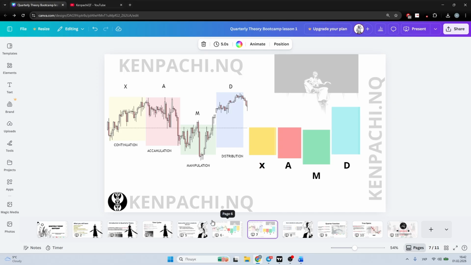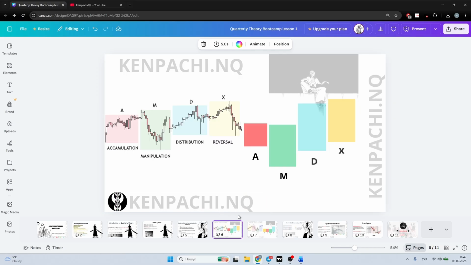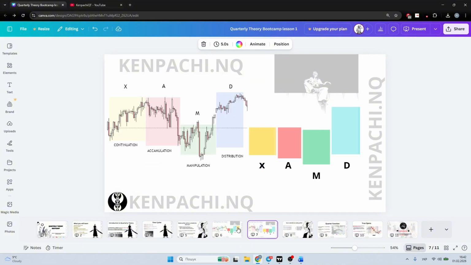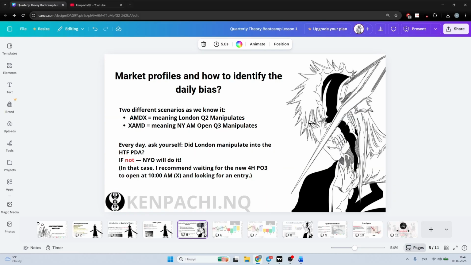So X can be continuation or reversal. It depends on the charts and what they're showing us. All right, let's go back here.